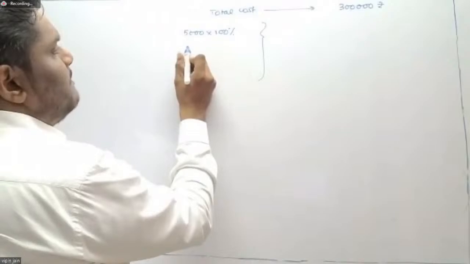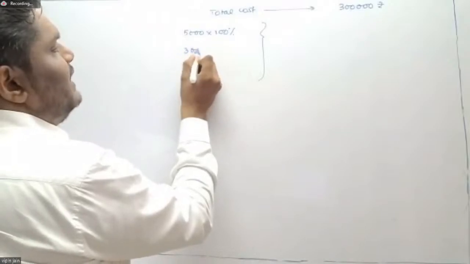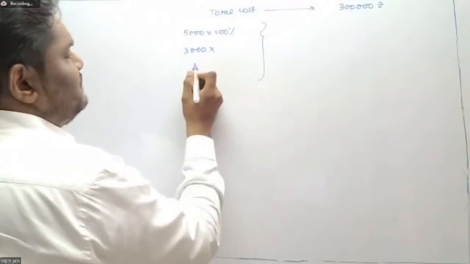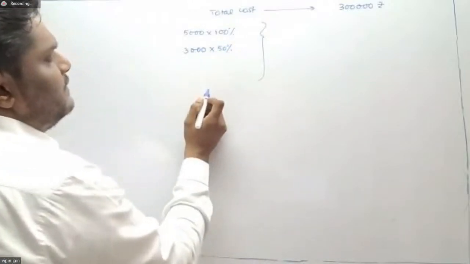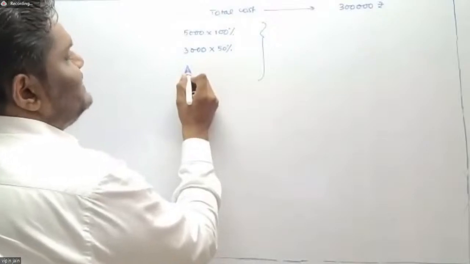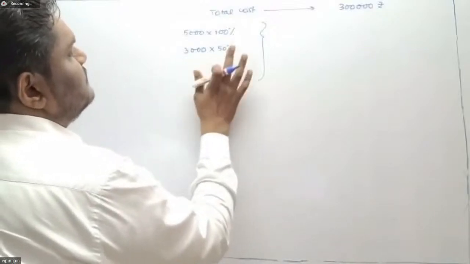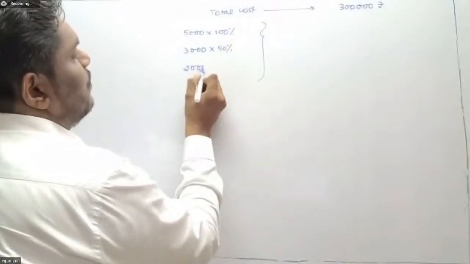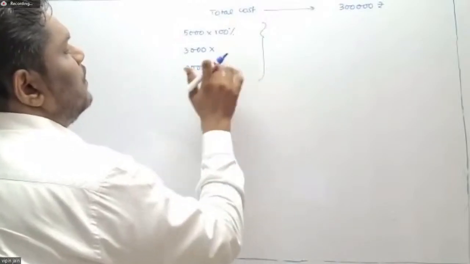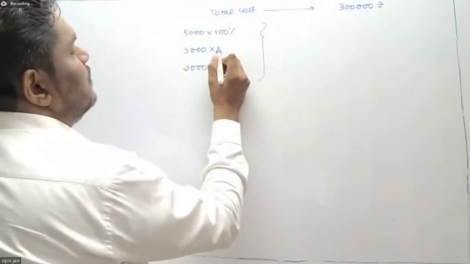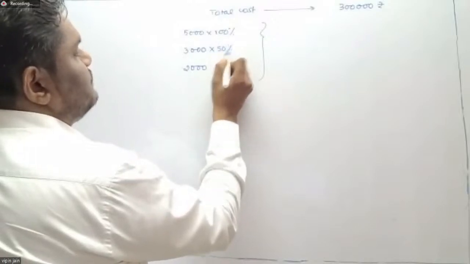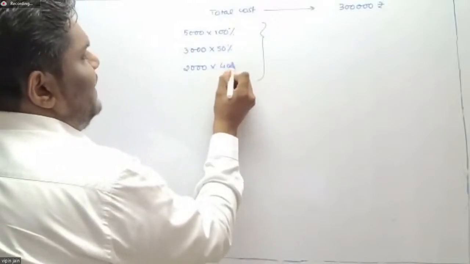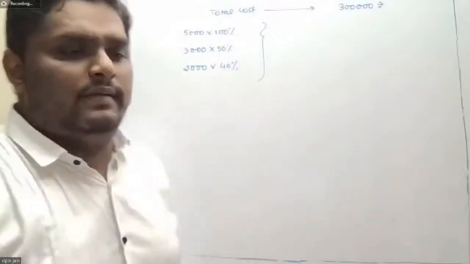Further, 3,000 units were produced, which were only 50% complete. And let's say 2,000 units were manufactured, which were 40% complete.